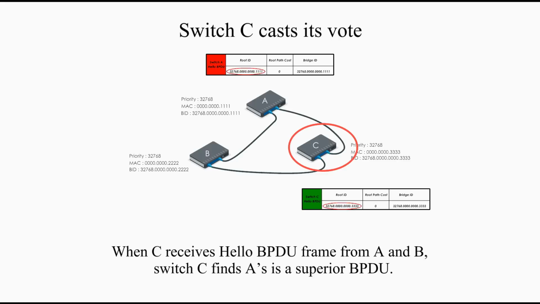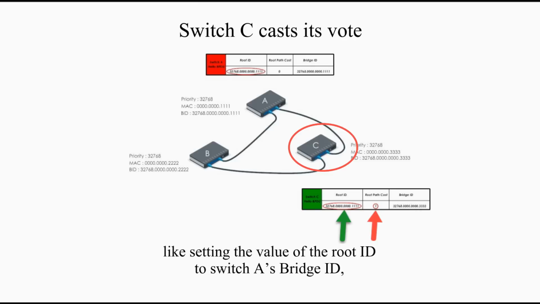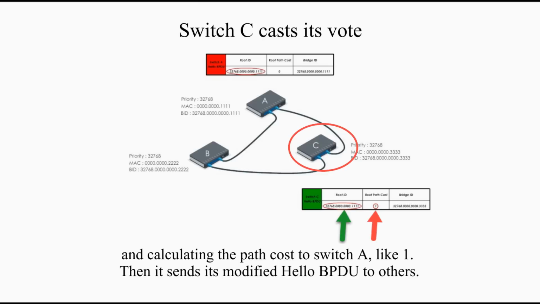When switch C receives Hello BPDU frames from switches A and B, it finds switch A's is the superior BPDU. Switch C changes its own Hello BPDU value too, setting the root ID to switch A's bridge ID and calculating the path cost to switch A, like 1.